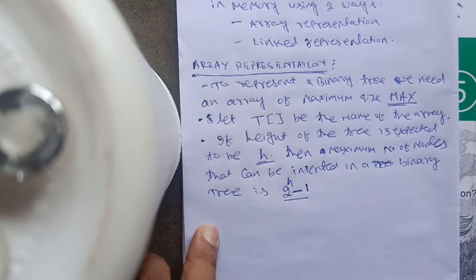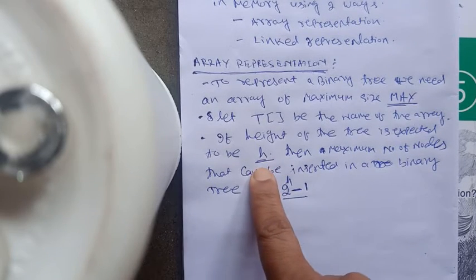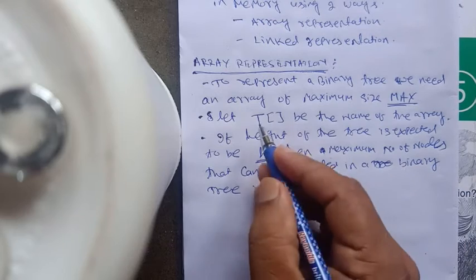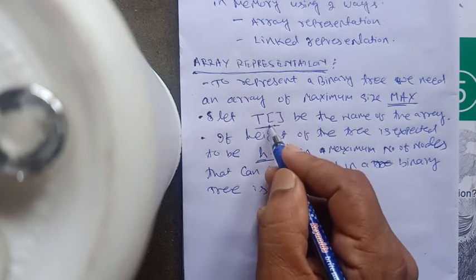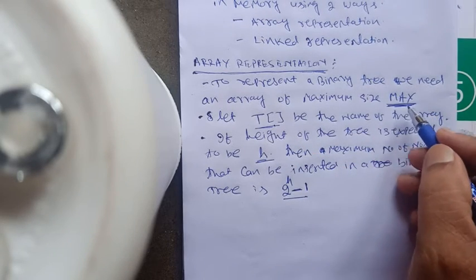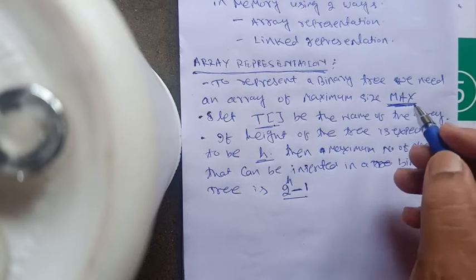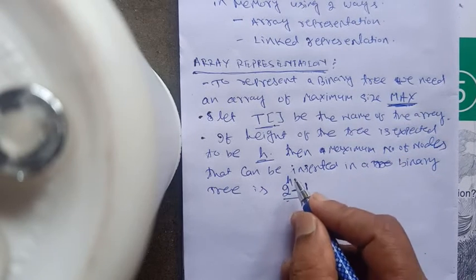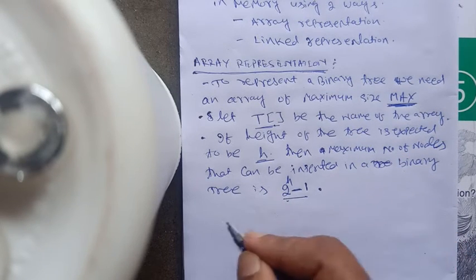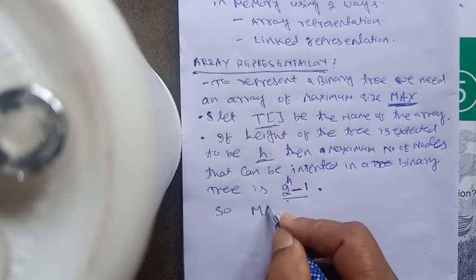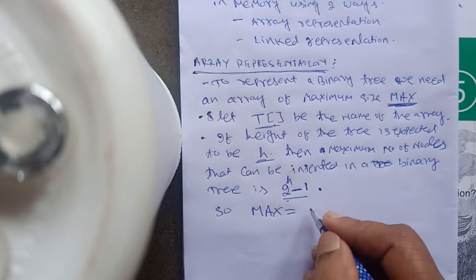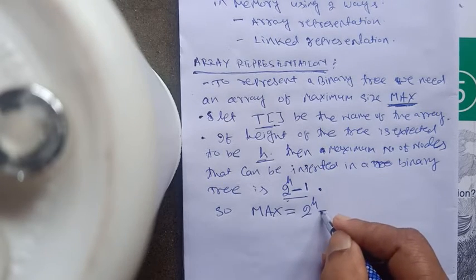So if we know the height of the tree, then we create an array of maximum size, and the size of the array should be 2 to the power h minus 1. So max should be equal to 2 to the power h minus 1.